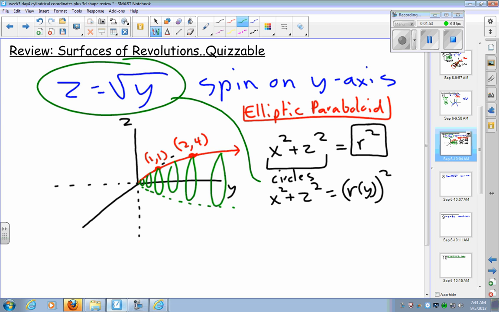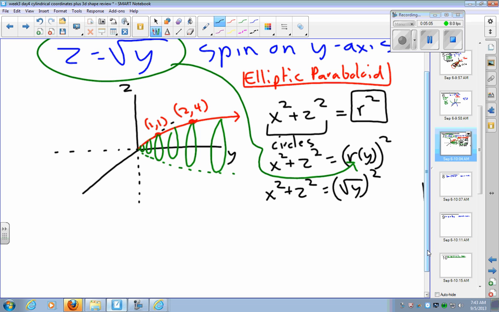So you can throw that right into there, and you would have x squared plus z squared equals square root of y squared. And this simplifies to x squared plus z squared equals y. And if you look back in your notes, that is the formula for an elliptical paraboloid that is circled around the y-axis. Okay.